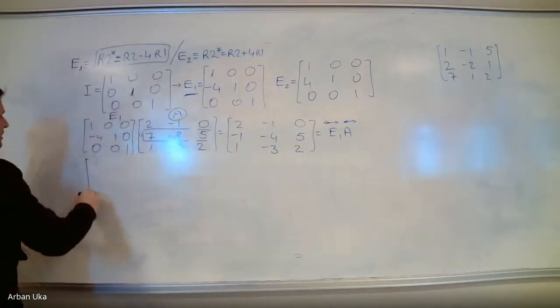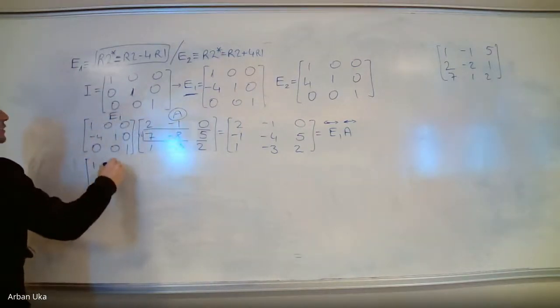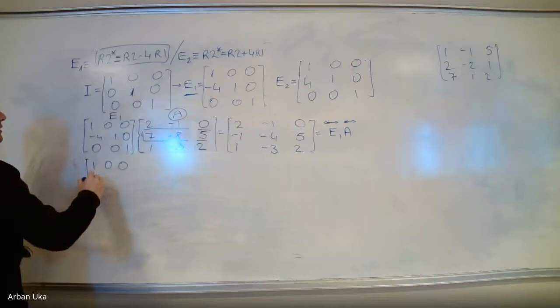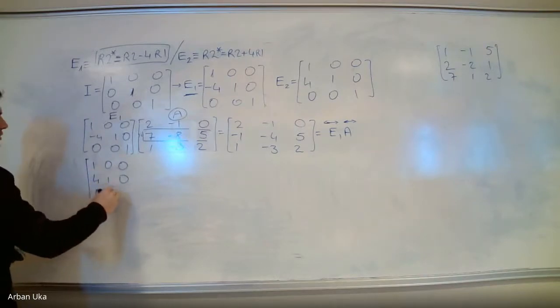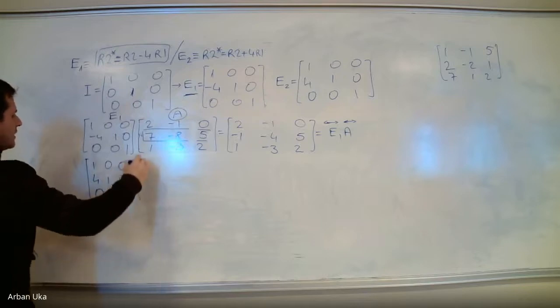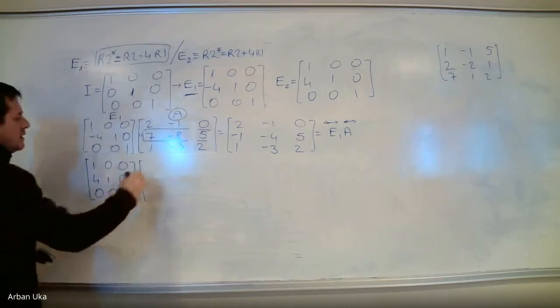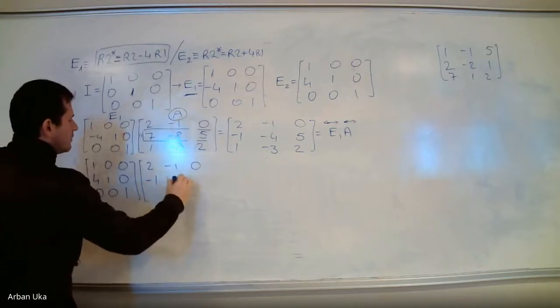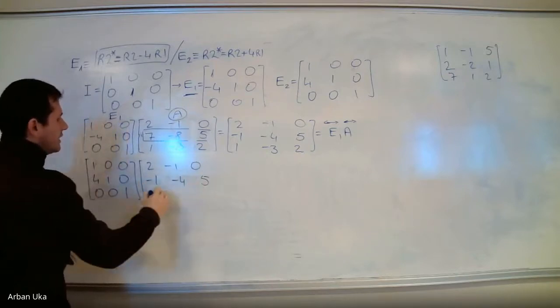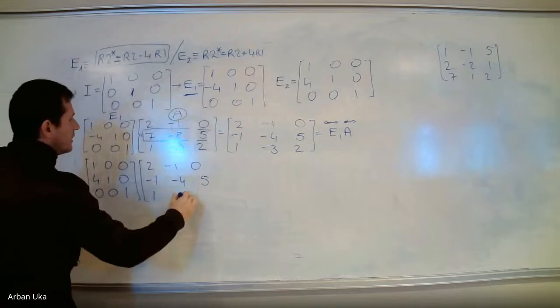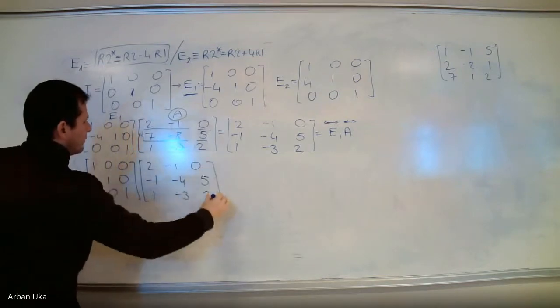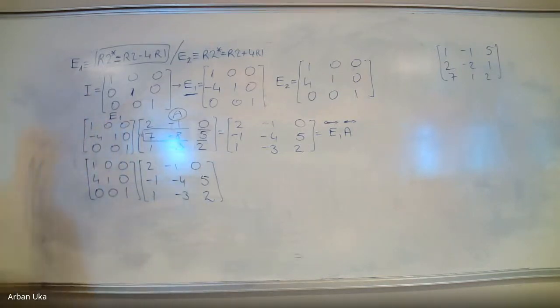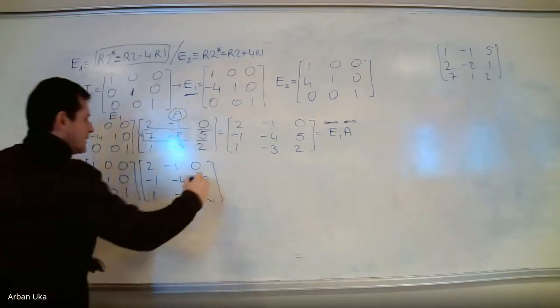So here E2 is 1, 0, 0, 4, 1, 0, 0, 0, 1. We multiply this one with 2, minus 1, 0, minus 1, minus 4, 5, and 1, minus 3, 2. Okay? And then let's see what we get.